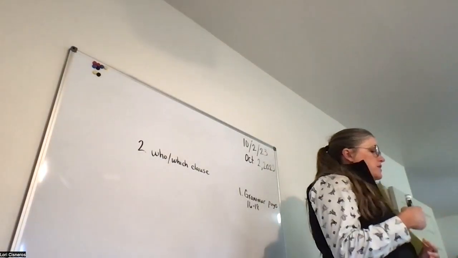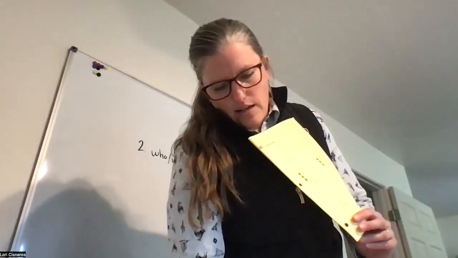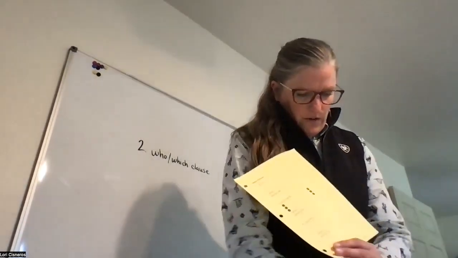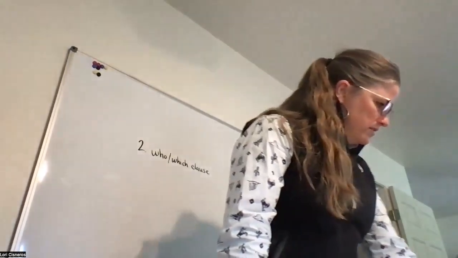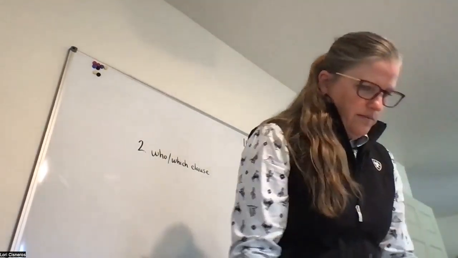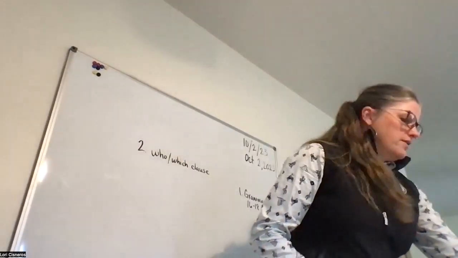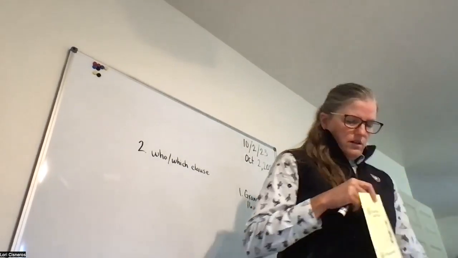Now this page can go behind the tab that says stylistic techniques. Page 21 goes behind stylistic techniques. And then the last one that we're going to put away is page 23.